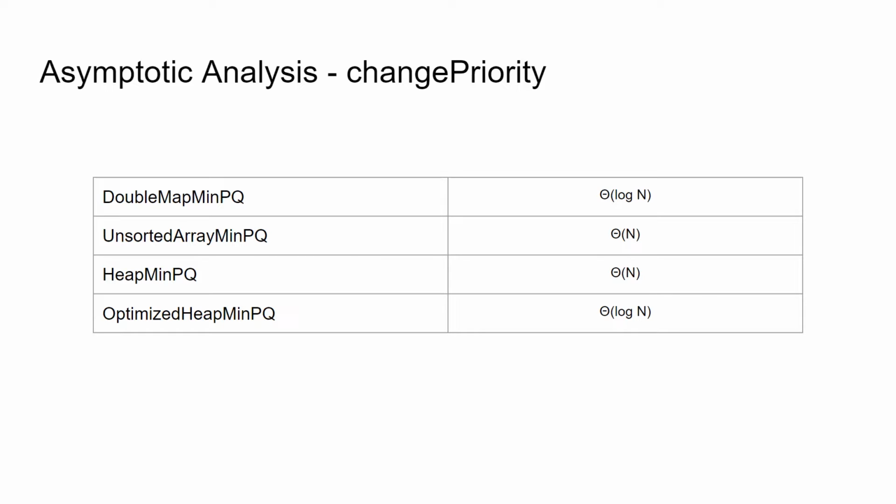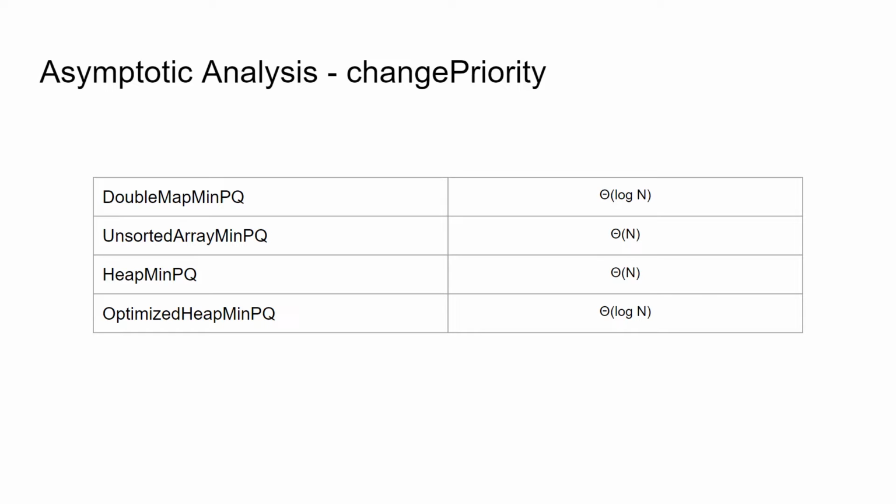Okay, so for change priority of the heap min PQ, we theorize that this would have a theta of n runtime, and this is because the method first runs a theta of n exception check by checking if the PQ contains the given item, and then it removes that item from the priority queue using Java's default priority queue remove method, which is another theta of n operation.